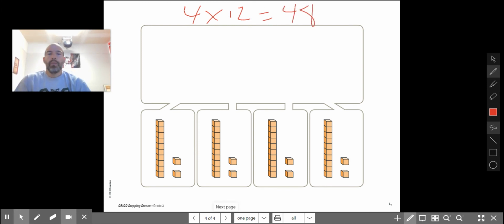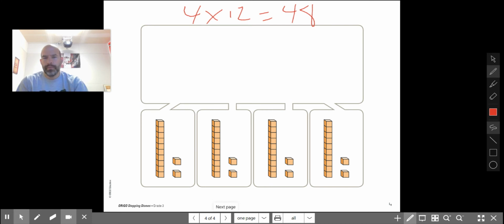Now, I know that probably a lot of you did not try your 12's facts, perhaps. But if you know your 11's facts, it's just going to be that number that's being multiplied added to that product of 11.